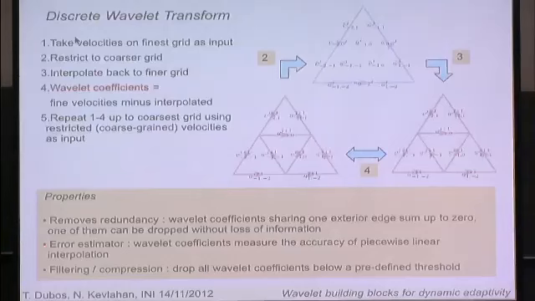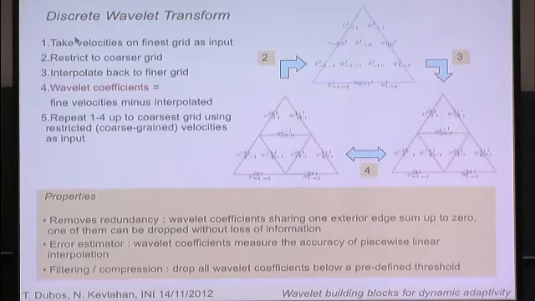Okay, so I have an error estimator by construction. This wavelet coefficient is an estimate of the error that my interpolation procedure is doing.